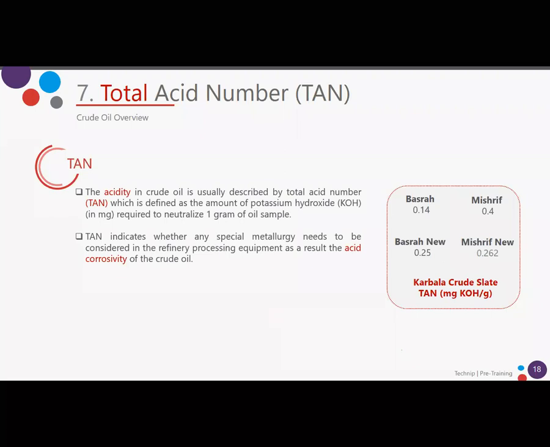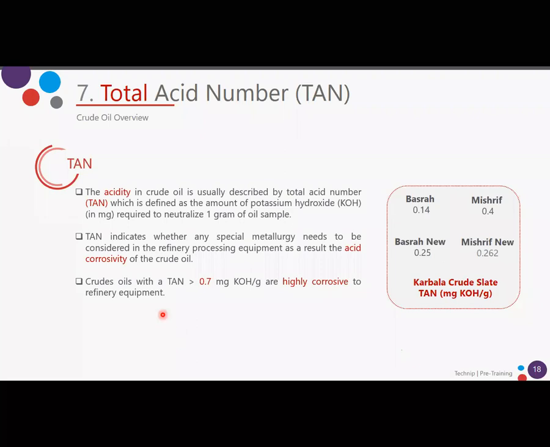It is important to know the TAN, because this TAN indicates whether any special metallurgy needs to be considered in the refinery as a result of the acid corrosivity in the crude oil. If we have a very high acid, we will need a special metallurgy in the refinery.